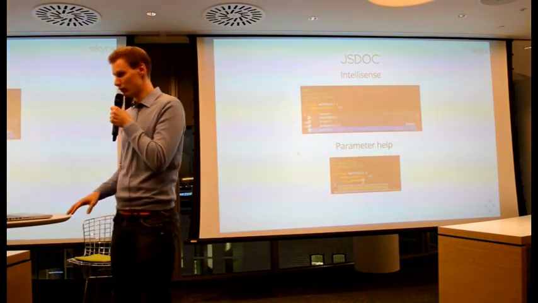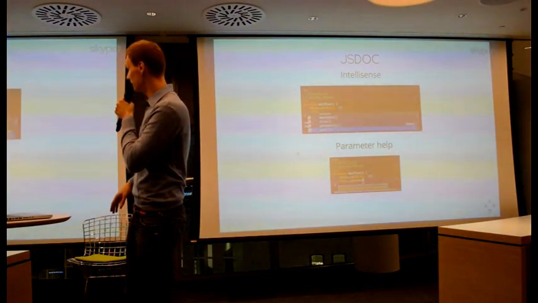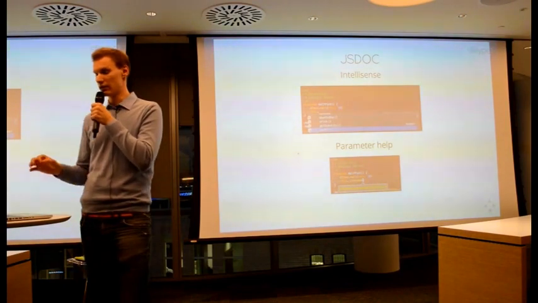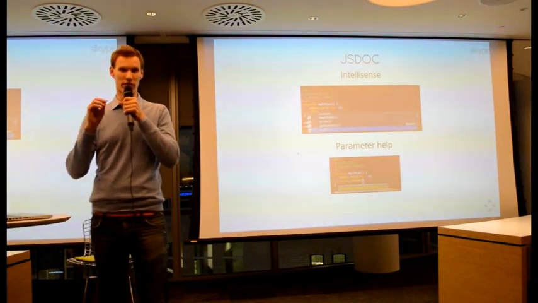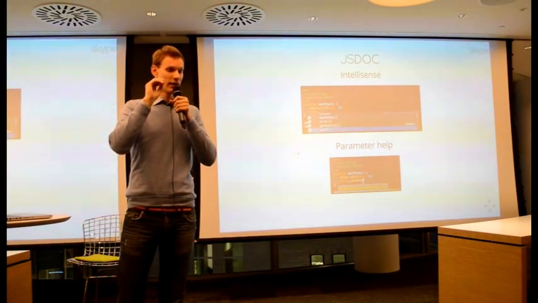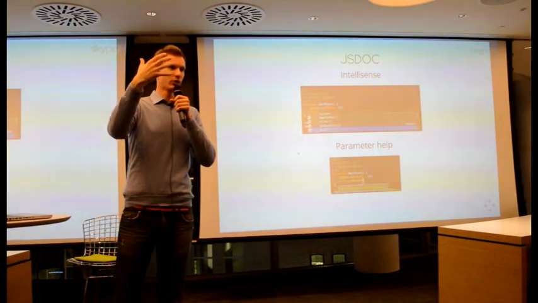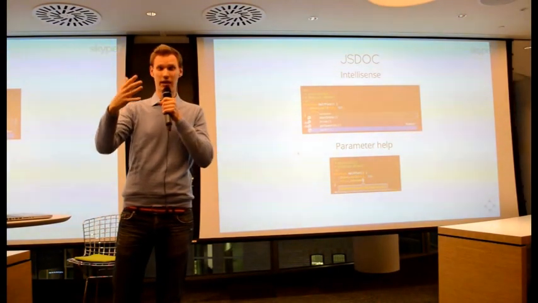So, for example, this is WebStorm's IntelliSense. Here you can see that I am in the HalfPint constructor, where I use the this keyword, and it means I'm referring to the instance of the HalfPint.